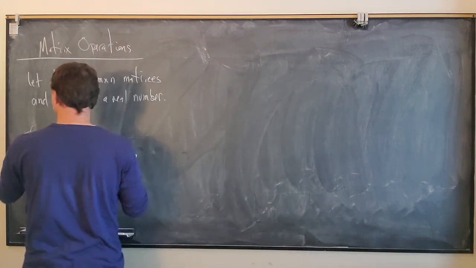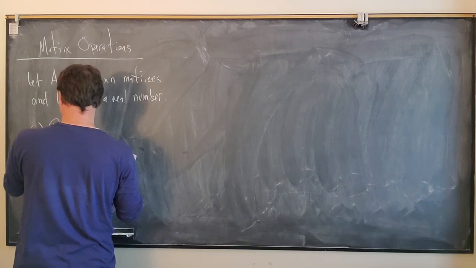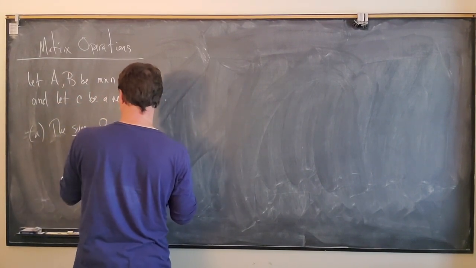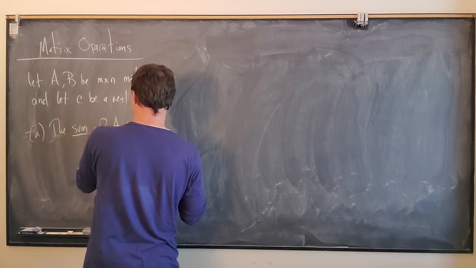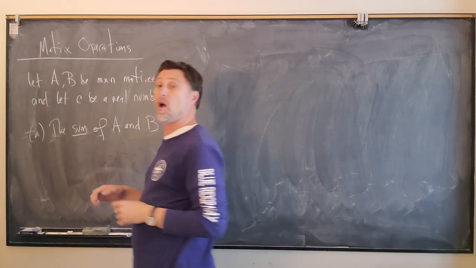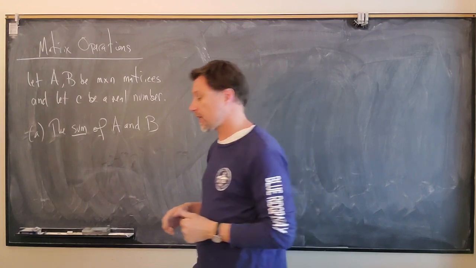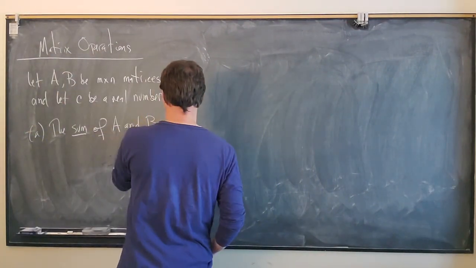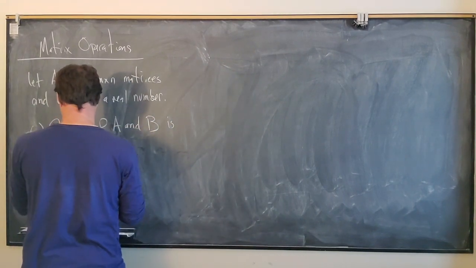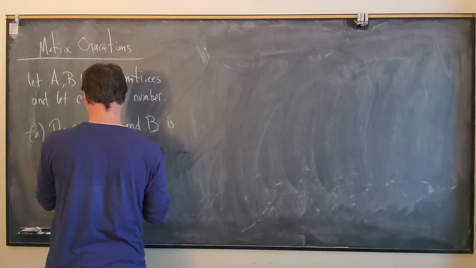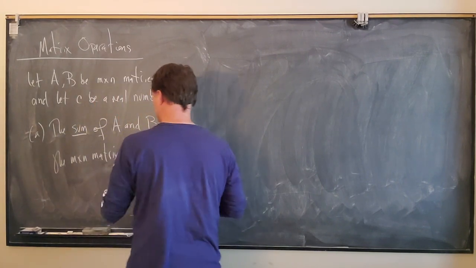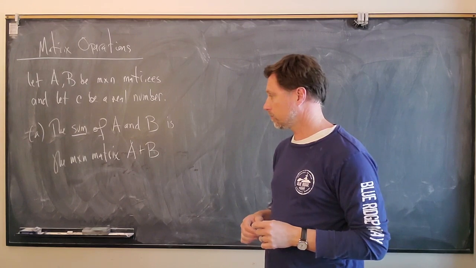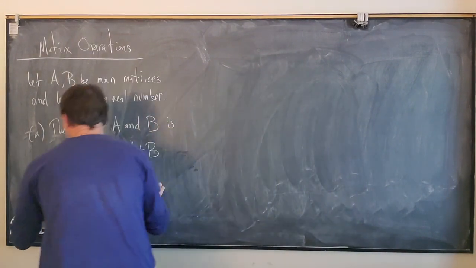The first, the sum of capital A and B. So we're defining what it means to add 2 matrices together, and we're going to do it in the obvious way. So this is the m by n matrix, which we'll write as capital A plus capital B, defined by.